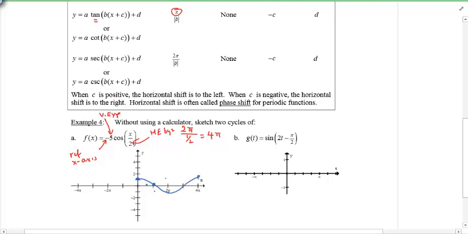I forgot about vertical expansion, so don't start at 1 but start at 5 and go to -5 down here. And the last thing I forgot to do was, oh yes, the reflection. So I should really be doing this. And there is one cycle. To do another cycle, I'll just draw another cycle. There you go.